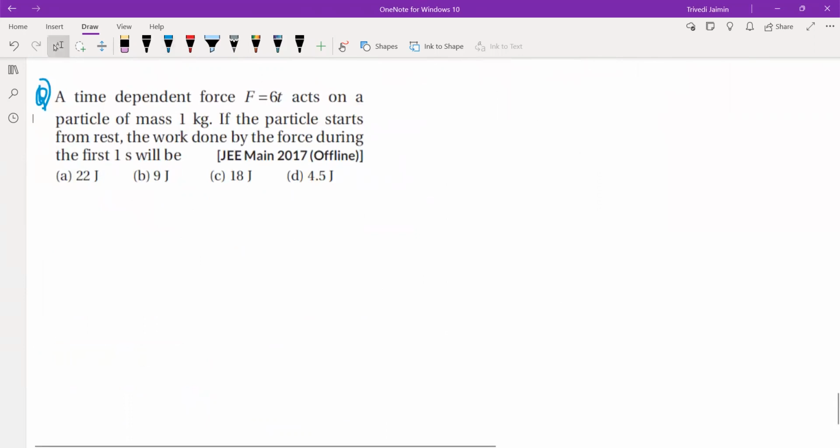So the time dependent force F equals to 6t acts on a particle of mass 1 kg. If the particle starts from rest, the work done by the force during first 1 second will be what?